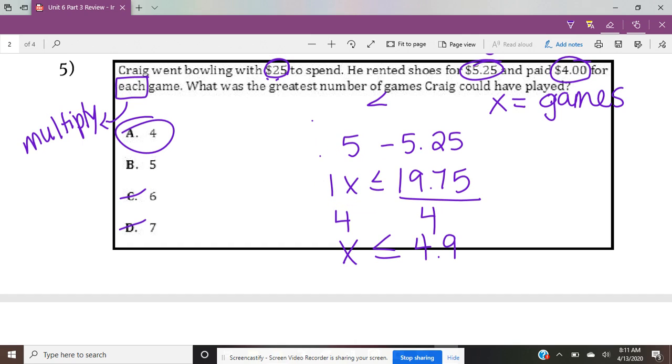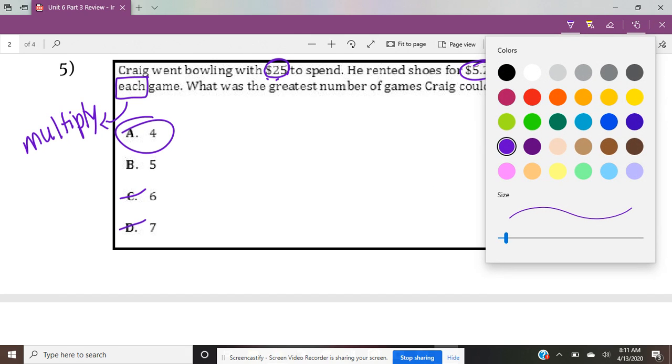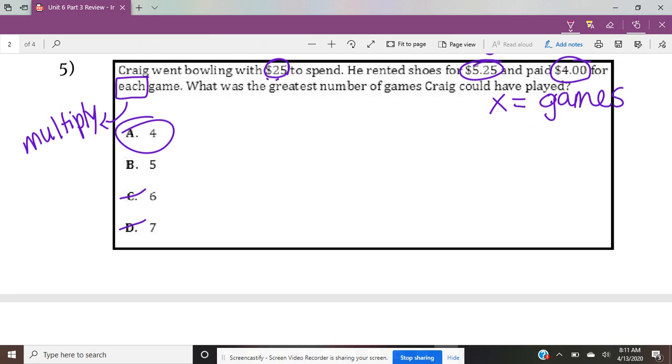Okay, so another thing I want to show you guys is, and I tell you this time and time again at school, you guys are all awesome problem solvers. So especially for a multiple choice question, if you guys can't remember how to write and solve an inequality, I know we normally were prepping for the state test, but for the future, this will be good for problem solving.